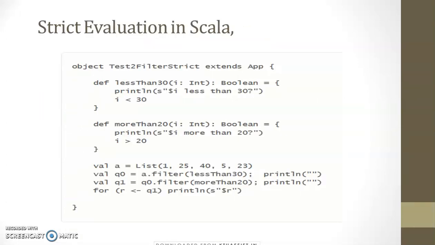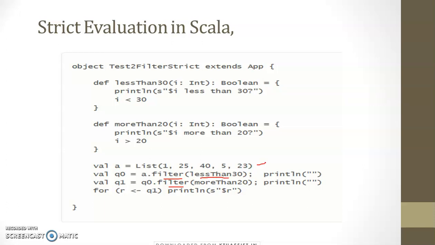If we need to implement the same program using strict evaluation, you need to use the function filter. That is the only difference. If we use the filter function, it creates a collection of elements satisfying the condition less than 30.